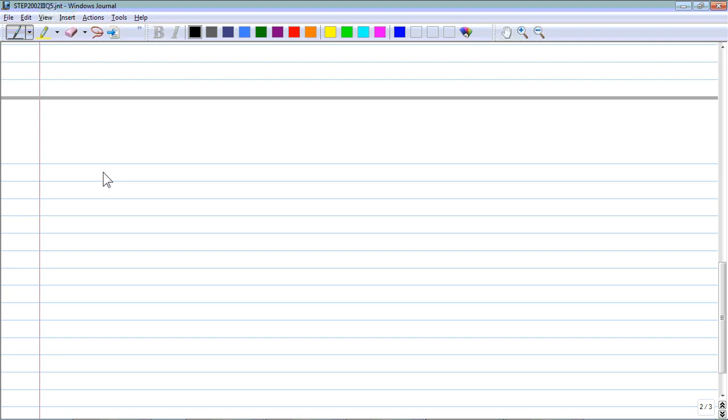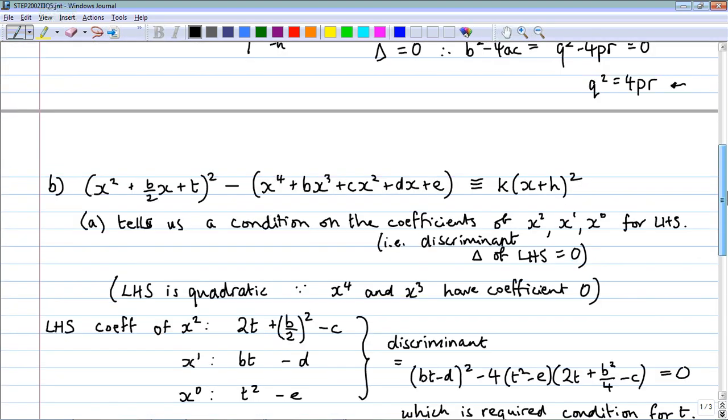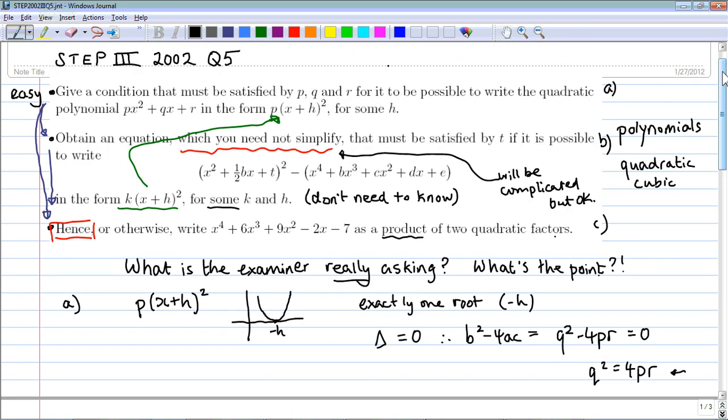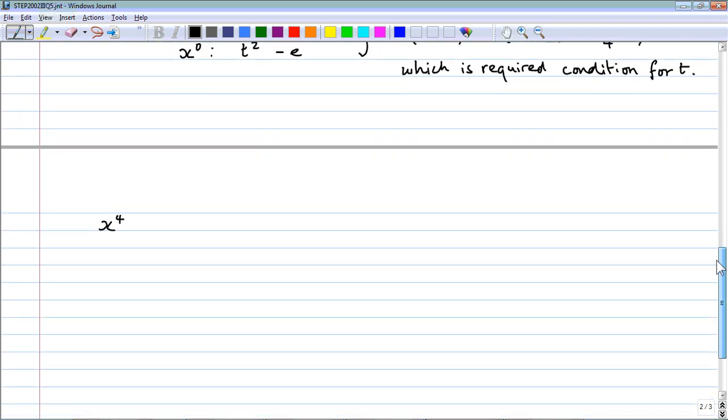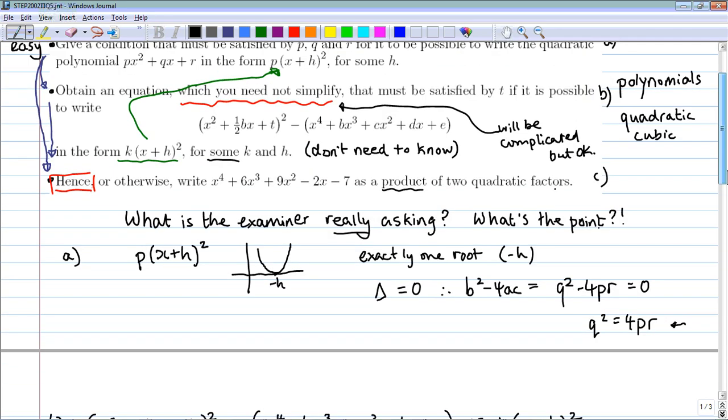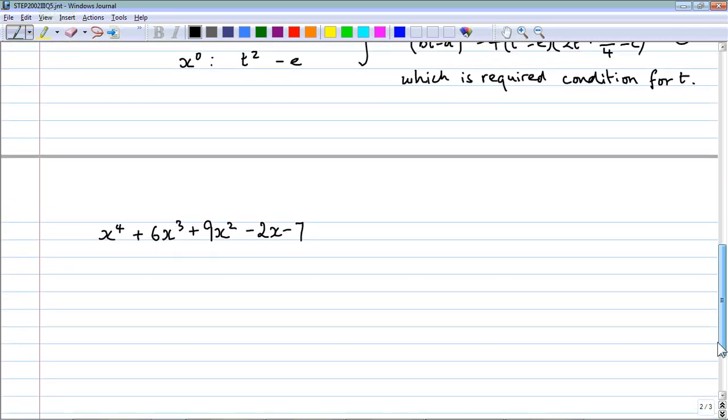So they're saying, how can I write, let's just copy it down, x to the 4 plus 6x cubed plus 9x squared minus 2x minus 7. Did I get that right? Let me check. Yeah.